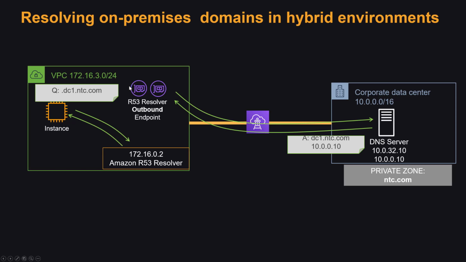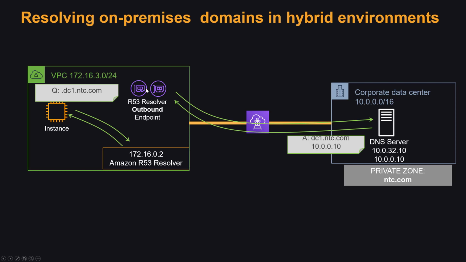The resolver now has an option, because it's not a public name to IP resolution, it sends it to the DNS outbound endpoints, which are part of the DNS resolver rules, and the rule has been shared with this VPC through the shared services account. I'll show you in a little bit, and then a demonstration as well.